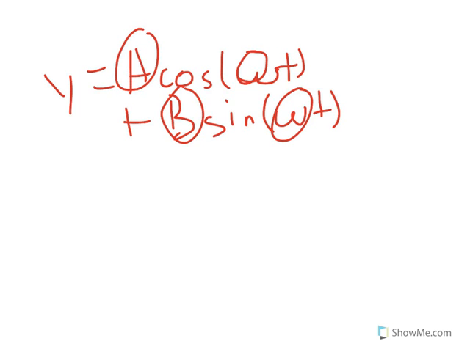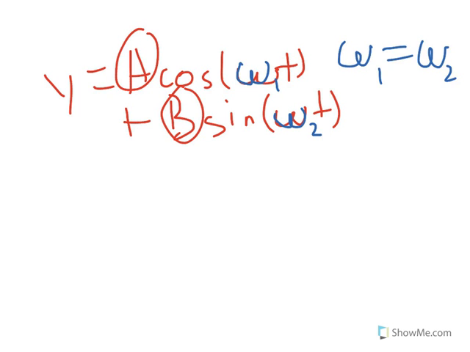Again, note that the frequencies, the coefficient of the time variable of the two original functions, must be the same. So if we labeled these omega 1 and omega 2, we can just say that omega 1 must equal omega 2. So taking advantage of the constant nature of the frequency, we can focus on the magnitude and phase change of the final cosine function.